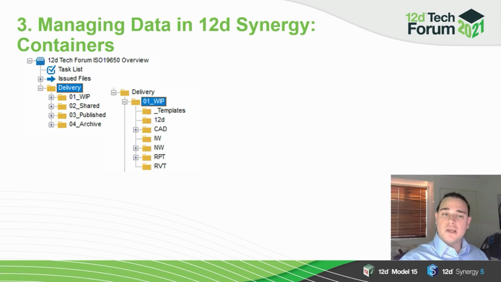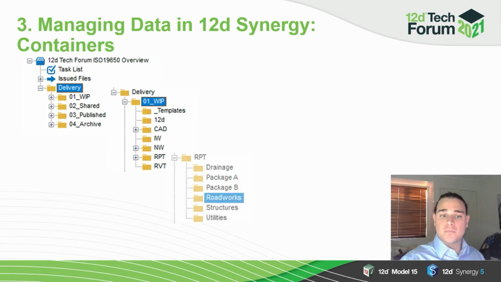And we can see as we move down the folder hierarchy, the breakdown of what types of information we might have related to that state. And we can see here in a report example, we may have some information related to the roadworks of our project.